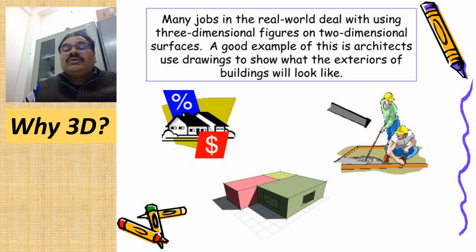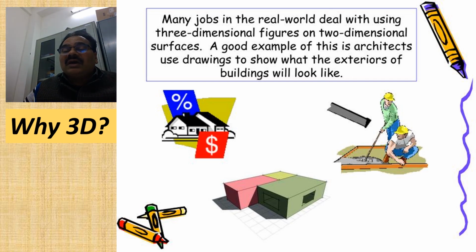A very good example of this is that an architect uses drawings to show what the exterior of a building will look like. If you look at any building, you will find that it is a collection of various mathematical shapes and sizes.